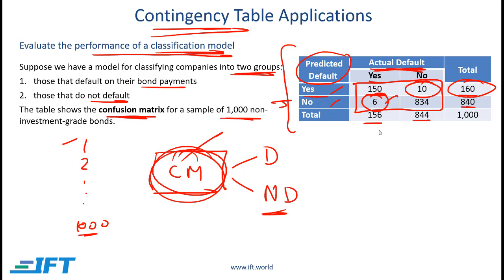Now we can say that this model is fairly good because out of 160 predictions where the model said that yes, there is going to be a default, there were only 10 mistakes. And in a situation where the model said that there will be no defaults, out of 840 predictions of no default, there were only 6 mistakes. So overall, this model appears to be reasonably good based on a study of the confusion matrix.